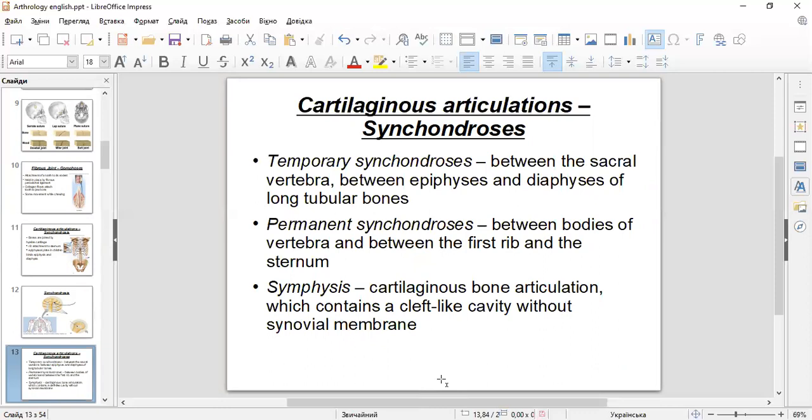Cartilaginous articulations subdivide into two types: temporary synchondrosis and permanent synchondrosis. Temporary synchondrosis are located between the sacral vertebrae, between epiphysis and diaphysis of long tubular bones.